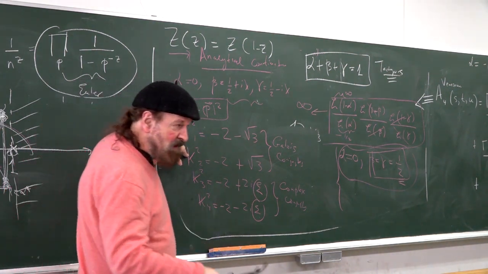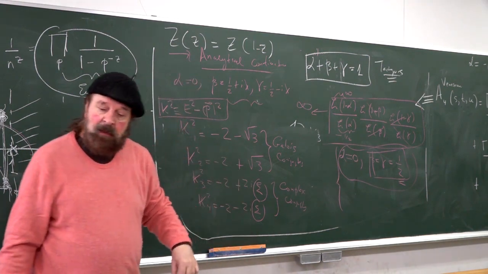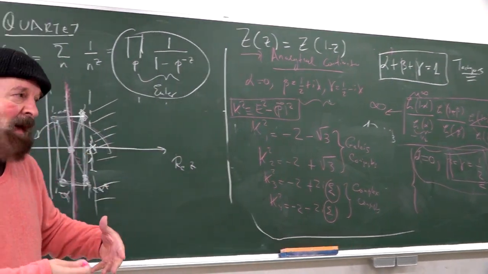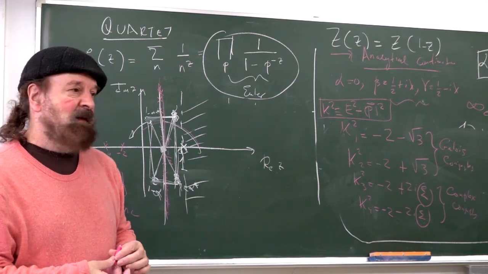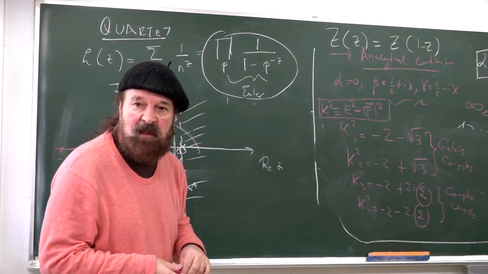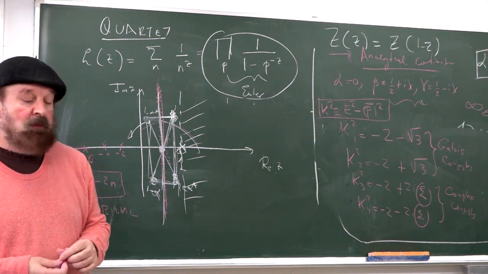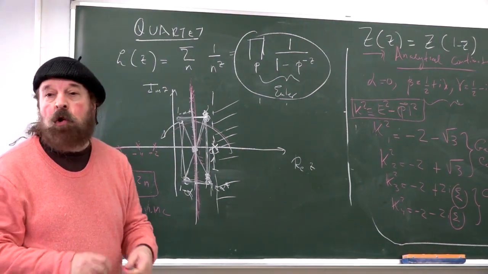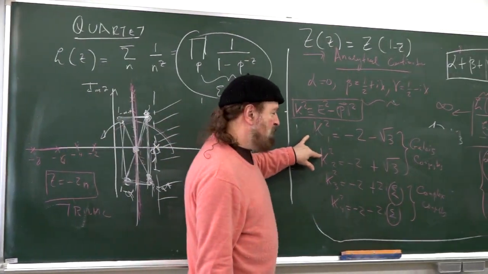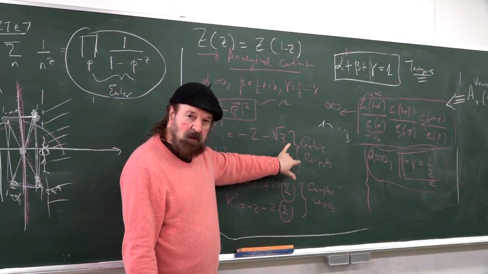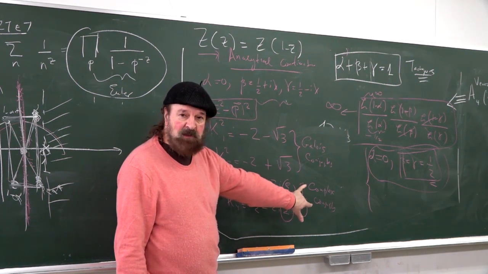This is very interesting, because here you find a very deep connection between number theory and complex analysis. After all, the Riemann hypothesis is basically giving you a very deep connection between number theory and complex analysis. Here, these values are Galois conjugates of each other, and these values are complex conjugates of each other.